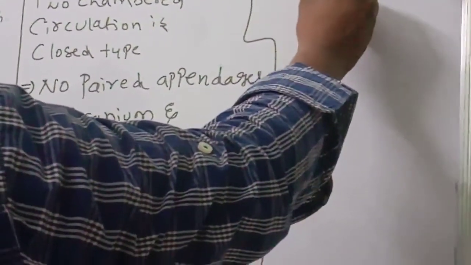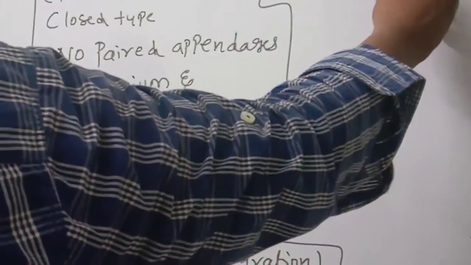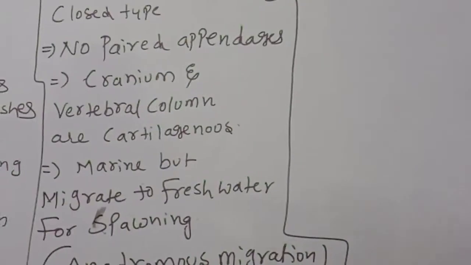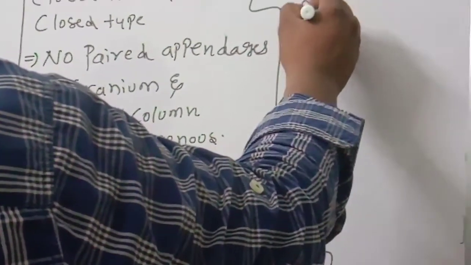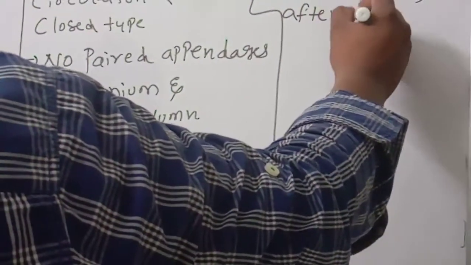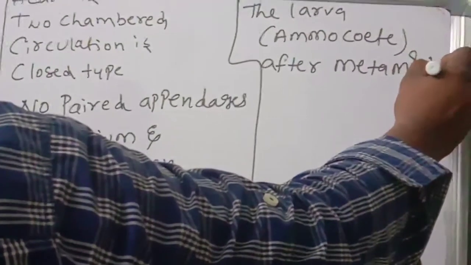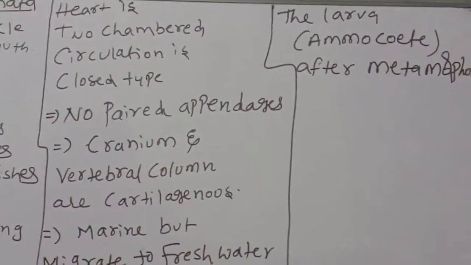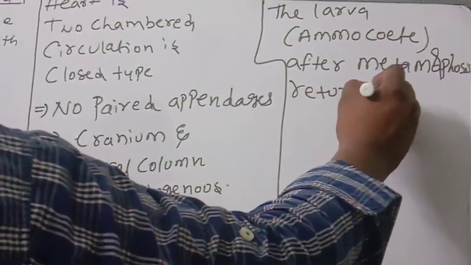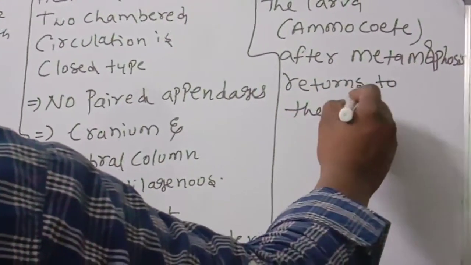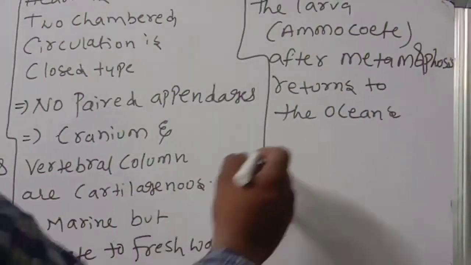The larva is called ammocoete. After metamorphosis, after the developmental changes, it returns to the oceans. This point you have to remember.